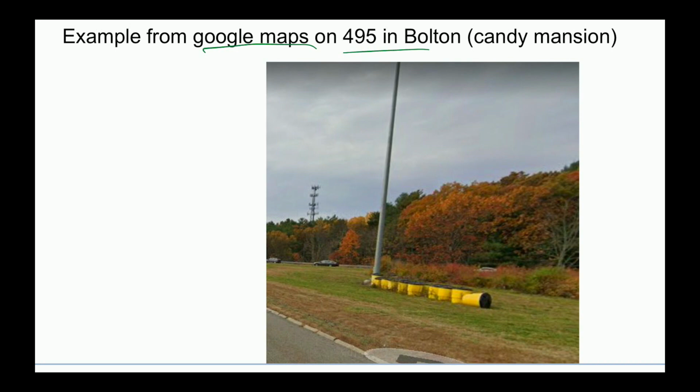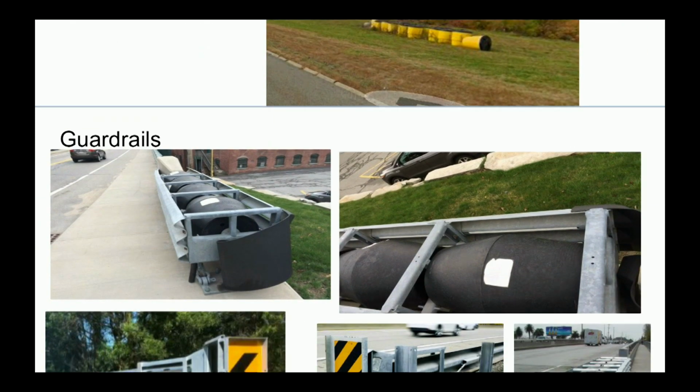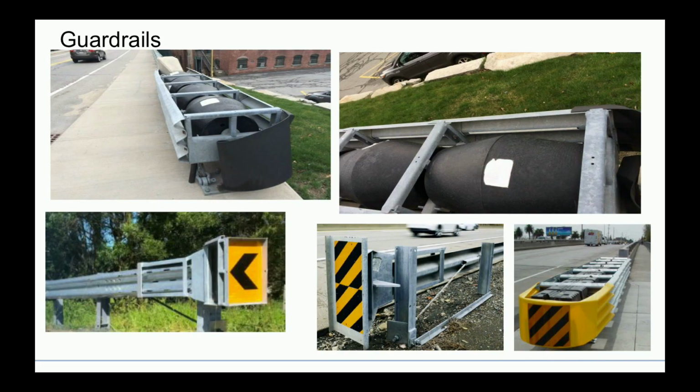If you're from out of town, you can look for this just north of the Route 117 intersection with Route 495 interstate. That's I-495, for those who like to call their interstates like that. And it's right near the Candy Mansion. More on that later.